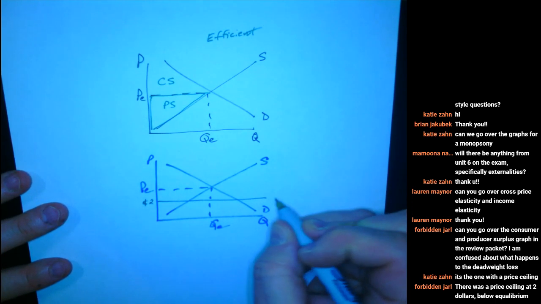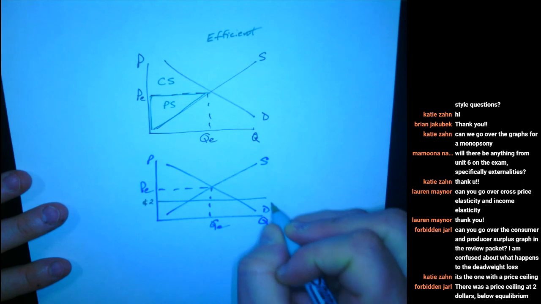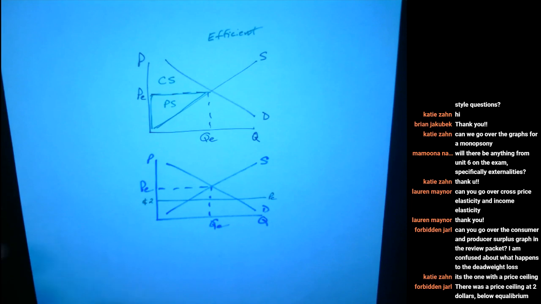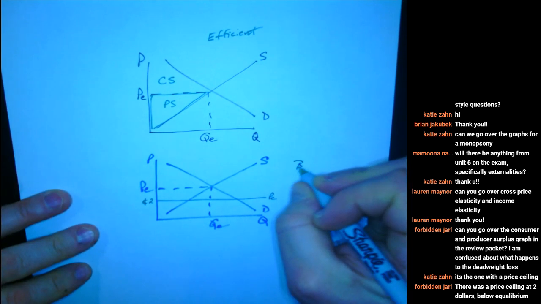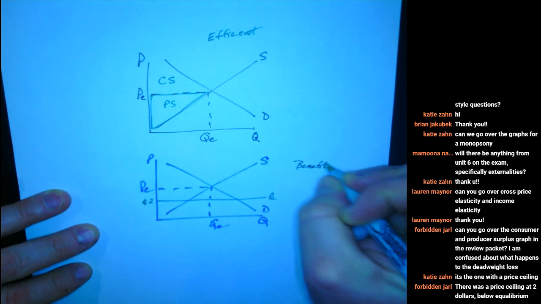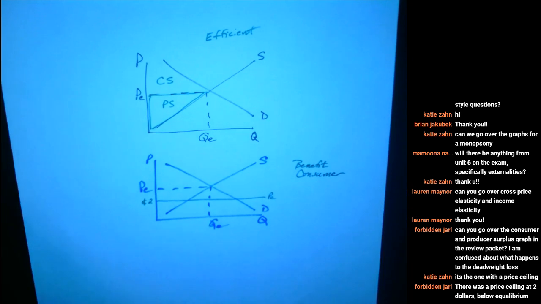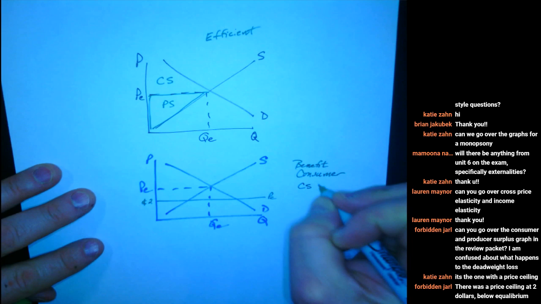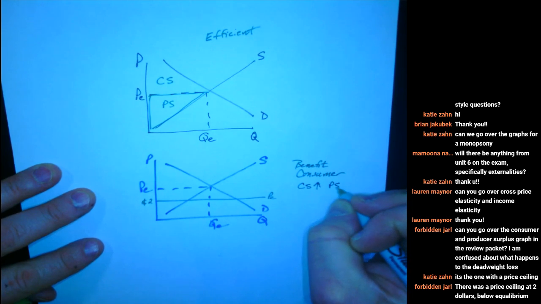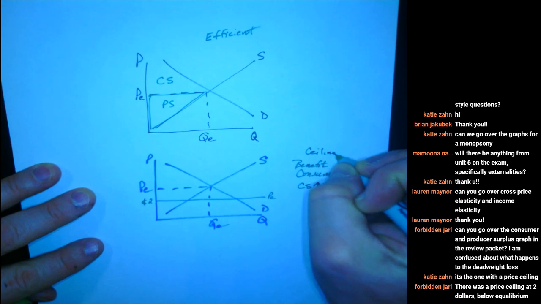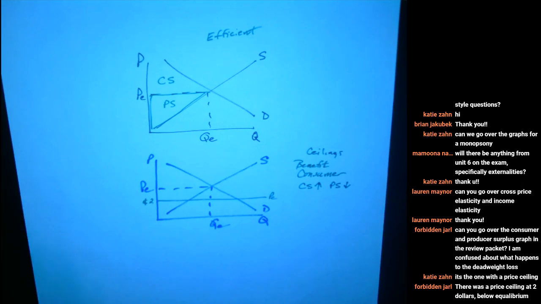That's our price ceiling. So price ceilings are going to benefit the consumer. Whenever something benefits the consumer, consumer surplus goes up, producer surplus goes down. So this will happen with ceilings. Okay?